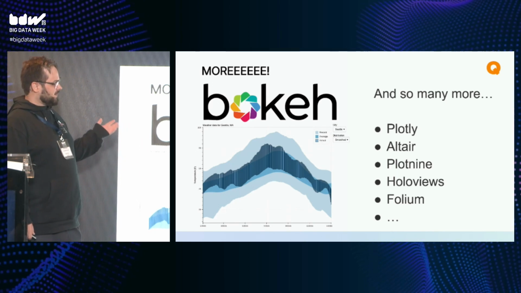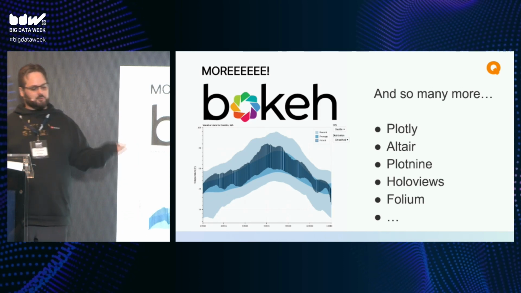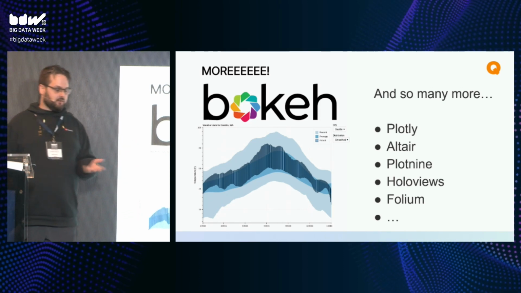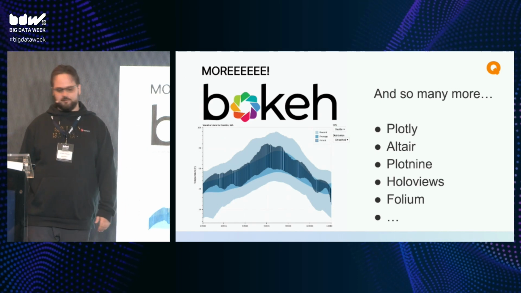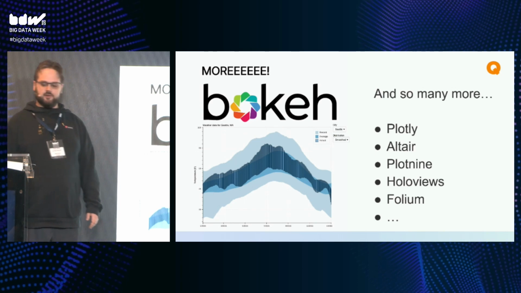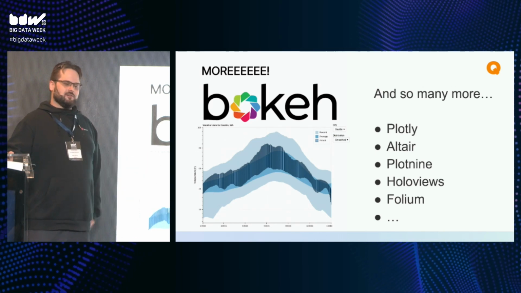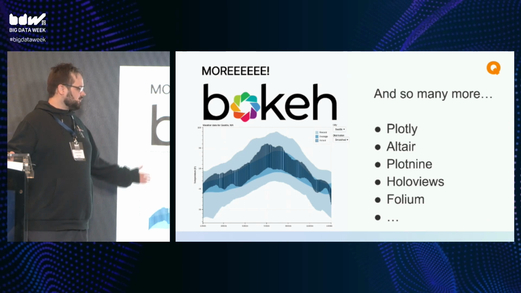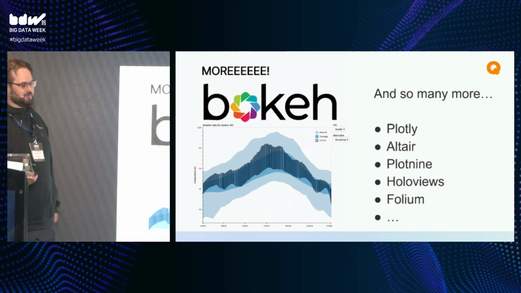And there are even many, many more. There's Plotly, Altair, plotnine, HoloViews, Folium, and probably 20 more I haven't mentioned yet that you could be using. So I suggest if you ever stumble upon a problem that you want to use this for, look around a bit. There's probably a library that does exactly what you want already there.